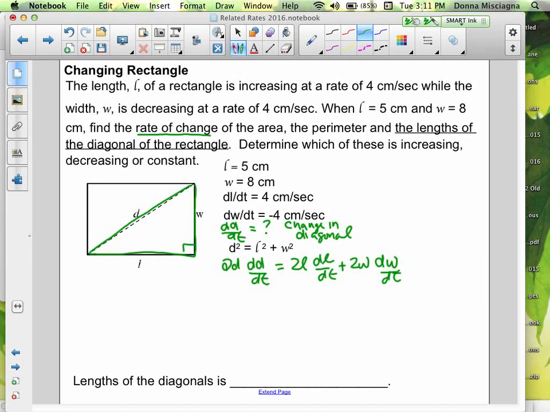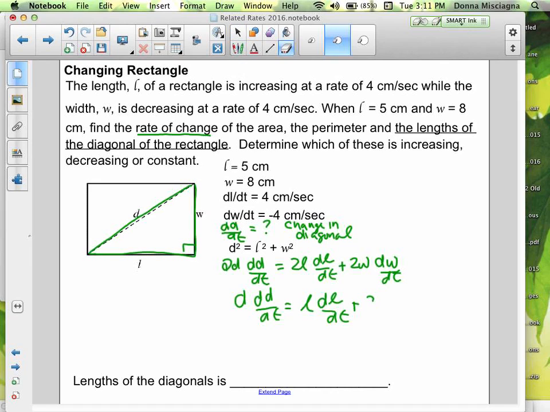All right, so now we want to isolate our dD/dt. So everybody's got a coefficient of 2. We can just divide by 2. So that's going to give us D dD/dt equals L dL/dt plus W dW/dt.